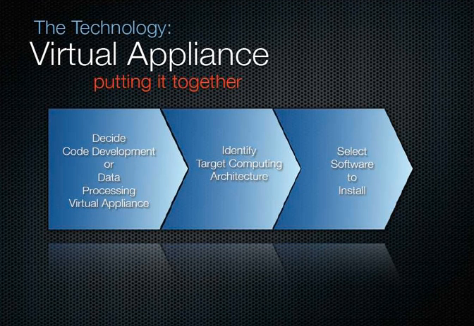So, putting it all together. We have to decide which type of virtual appliance we want to make. The next step is to identify our target architecture. That's a very important step, because we don't want to do any rework, which will cause a longer time for us to get to production. Then we select the software we want to install to make our virtual appliance or development environment very lean.